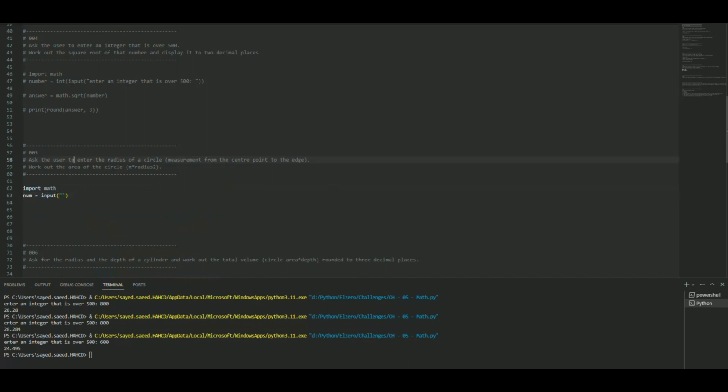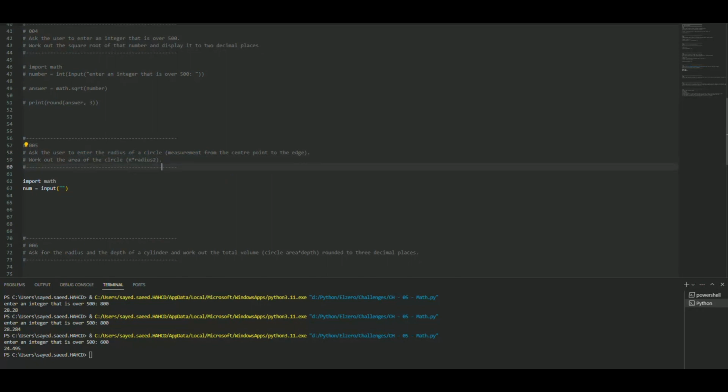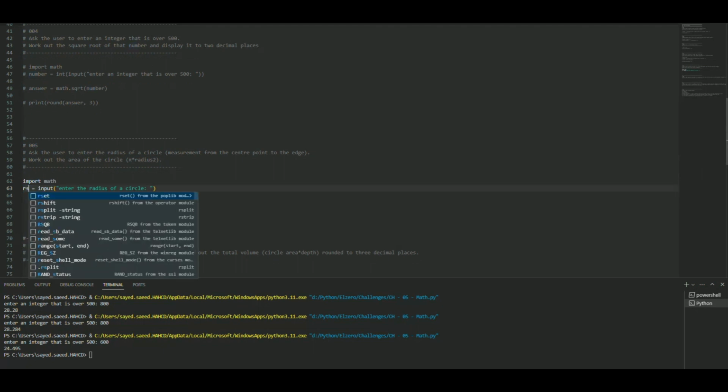Okay, enter the radius of the circle. Let's call this radius.